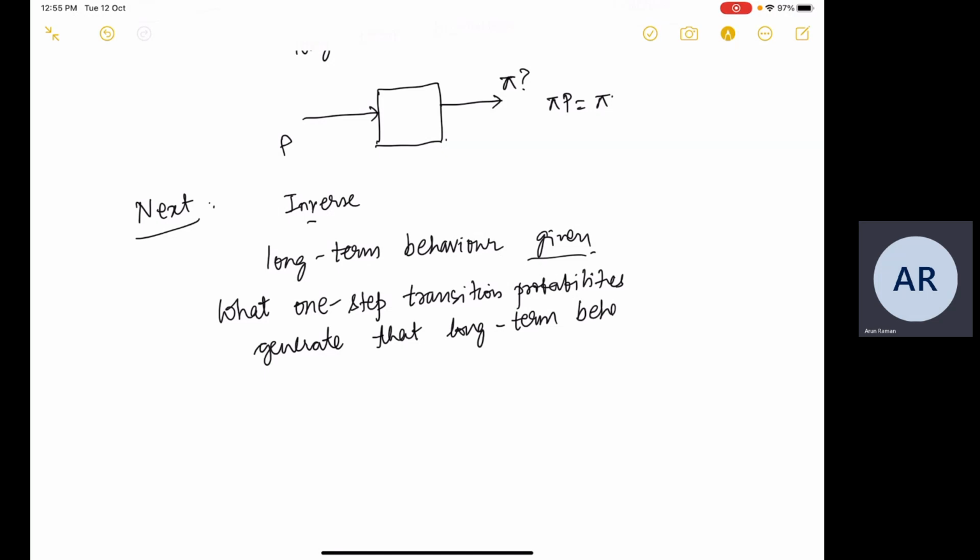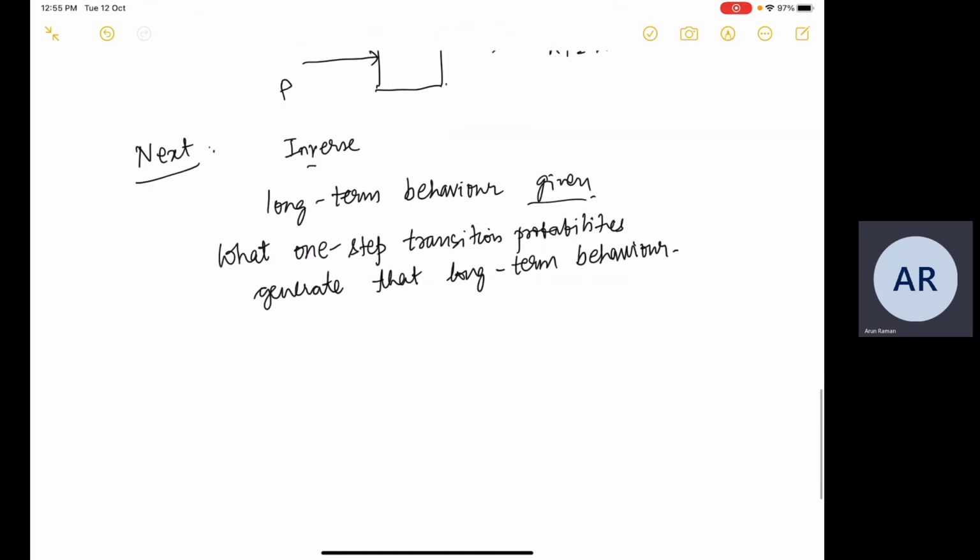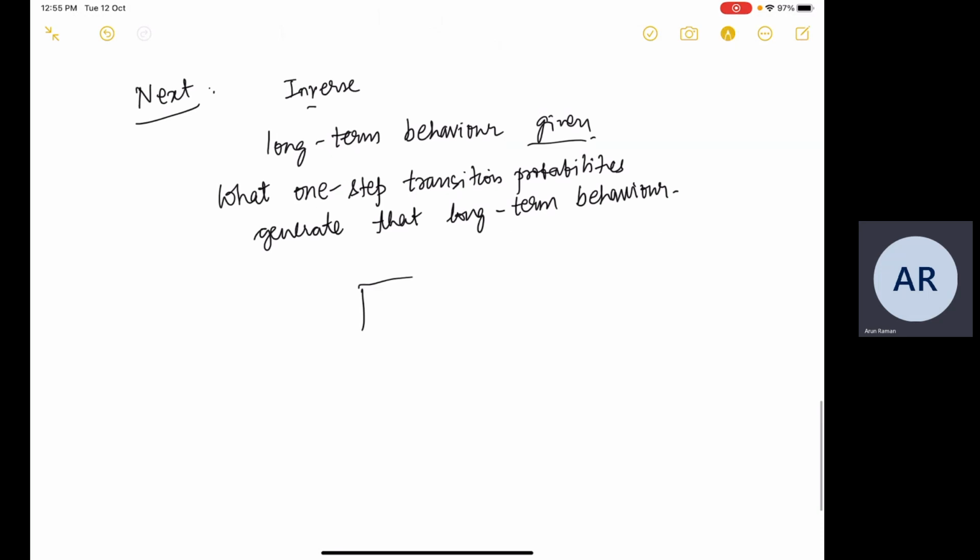We are interested in simulating that steady state probability distribution. We have a stationary probability distribution given to us, and now we want to find the one-step transition probability distribution such that this is satisfied.